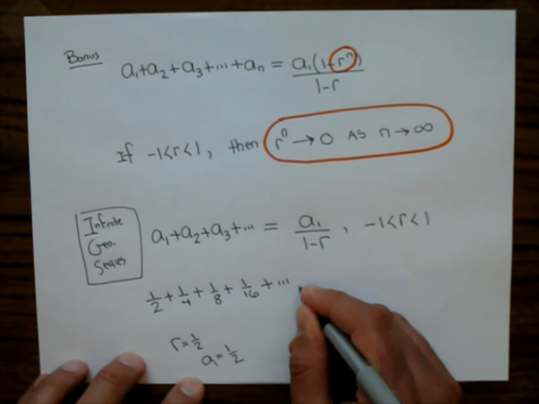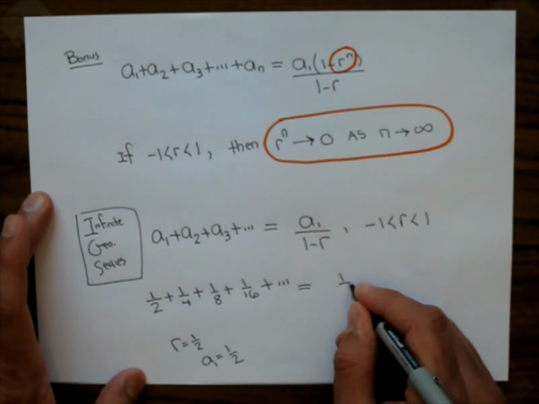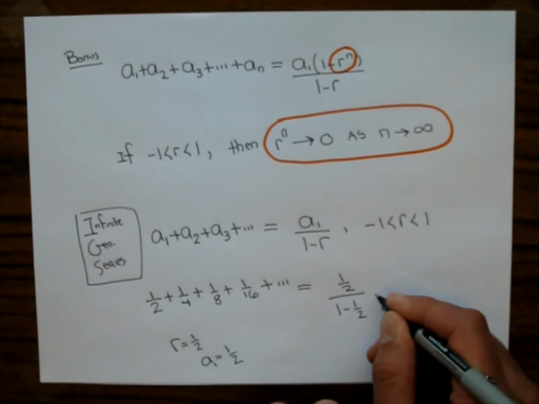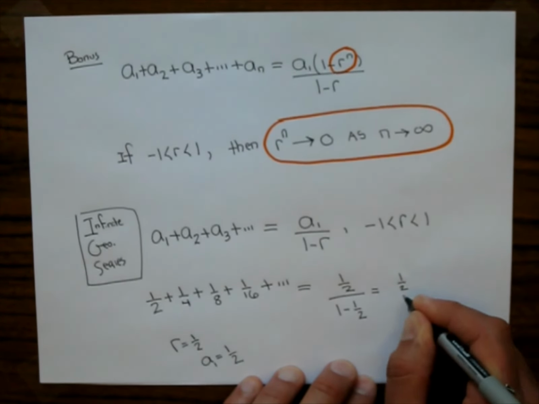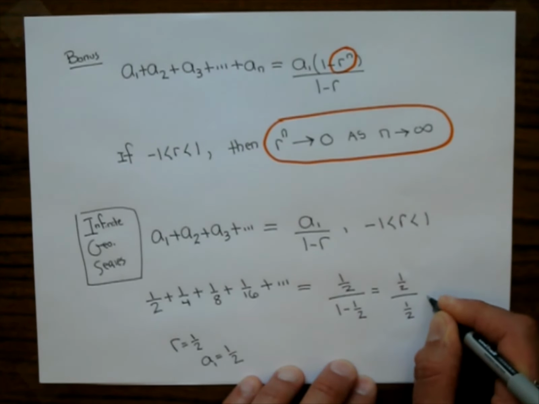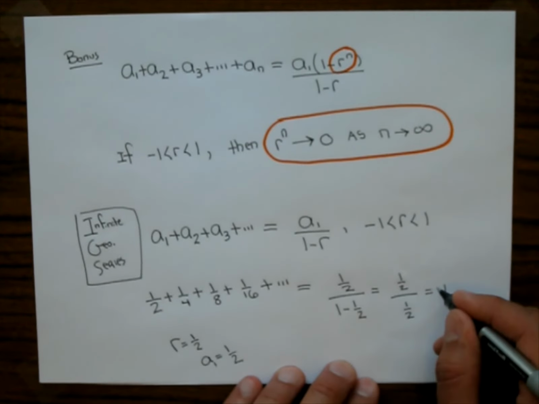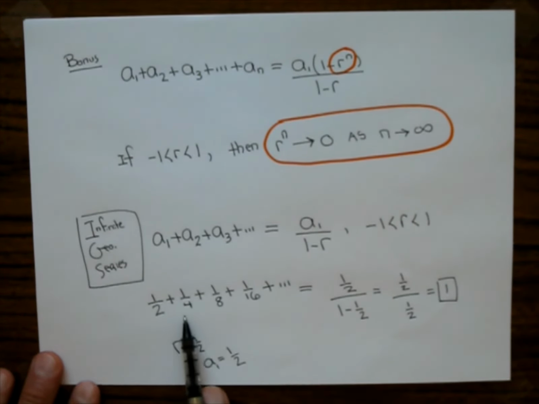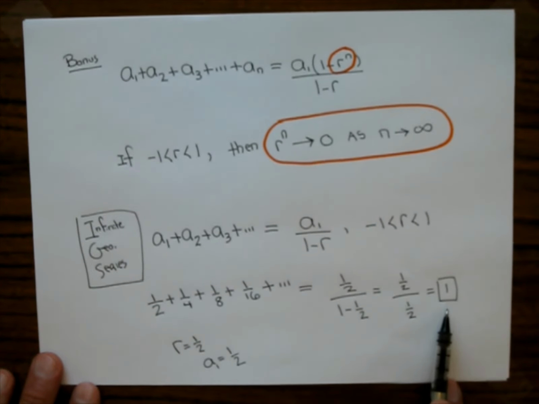And when you plug that into the formula, you end up getting 1/2 over 1 minus 1/2. You end up getting 1/2 over 1/2, which gives you 1. So in calculus, you're going to be adding up things where there's infinitely many terms, and that adds up perfectly to 1.